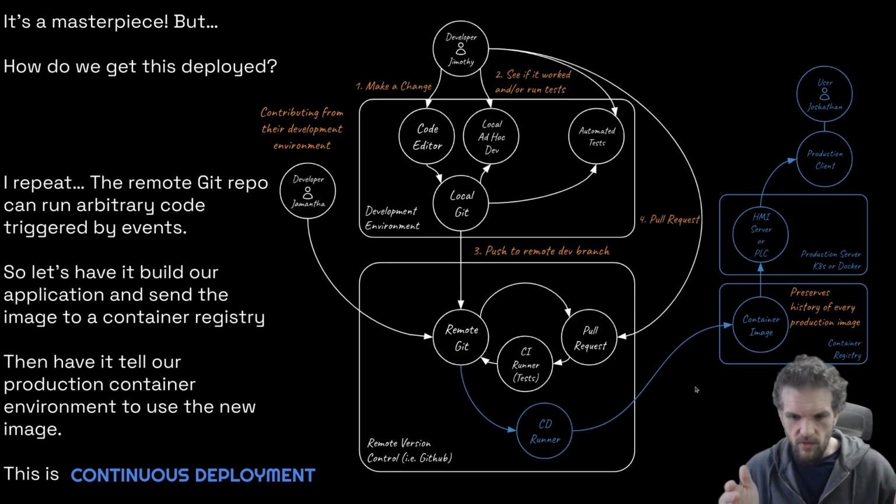So what we like to do is we like for our production environments to be container environments, so that we can have a continuous deployment runner in the remote version control. And every time the pull request gets merged to the production branch, the continuous deployment runner will build the image, push it to our private container registry, or you can use Docker Hub, and that will have a history of every version, every build that we've ever done that gets pushed to production, so we can easily go back if we need to, if production is having a problem.